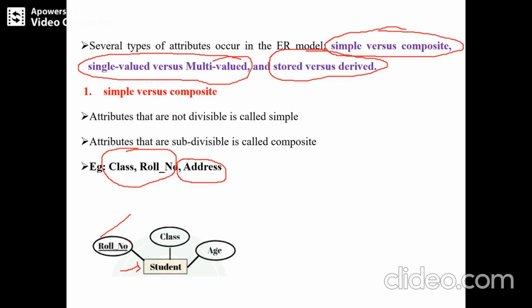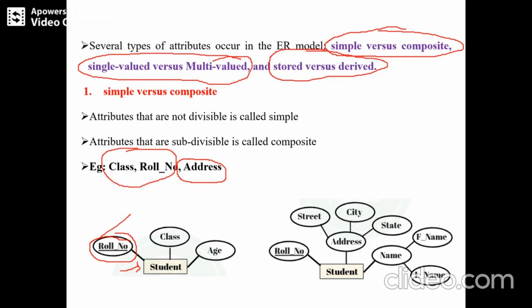This is the key attribute, connected to the entity type student. Class is also a simple attribute, which is also connected to student. Age is also a simple attribute connected to the entity. These three are examples of simple attributes.